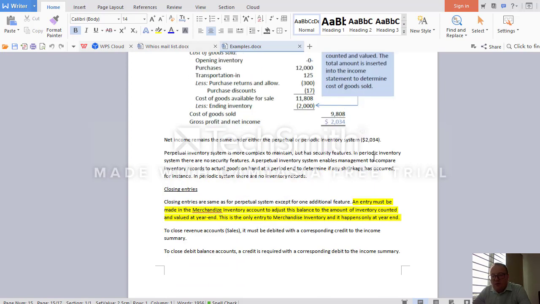But one more thing, when we make closing entries, everything will be same as in perpetual system. So sales, normal balance is credit, they will be debited against income summary.